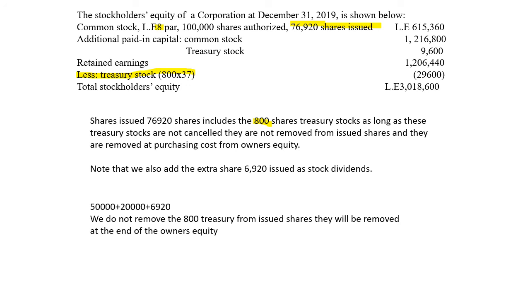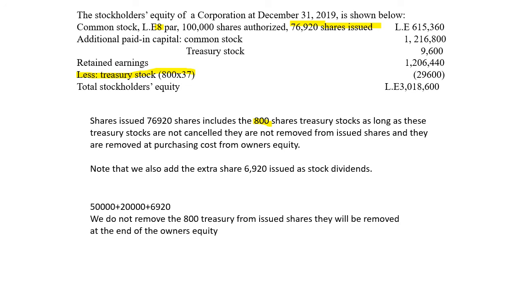For the retained earnings in the given owner's equity, you subtract from it the retained earnings that was debited for the cash dividends and the retained earnings that was debited for the stock dividends, and you add to it the retained earnings credit, which was on December 31 to close the net income of the year. The last step in the owner's equity is you subtract the treasury stocks. We didn't subtract the treasury stocks from the issued shares, but we subtract them at the end of the owner's equity.